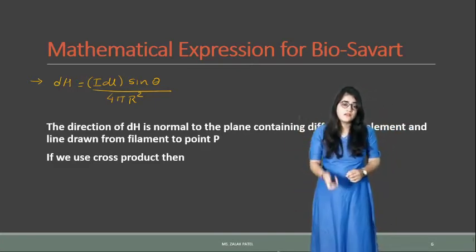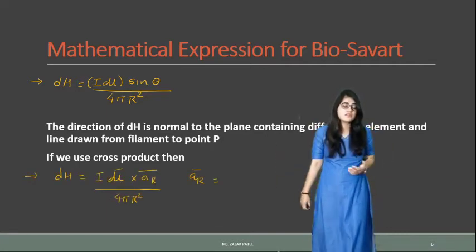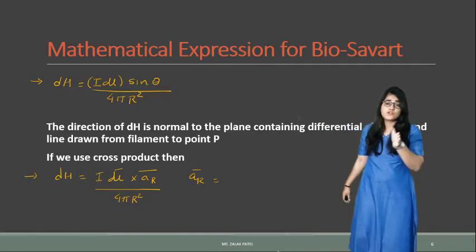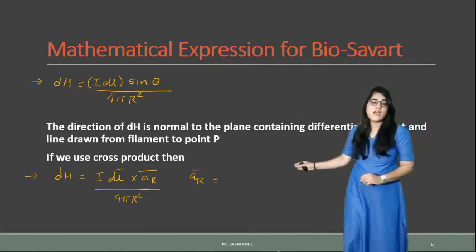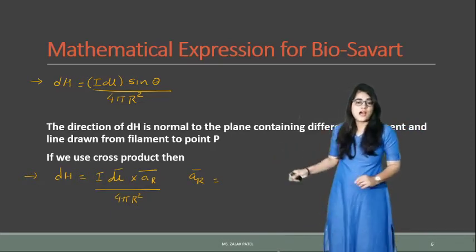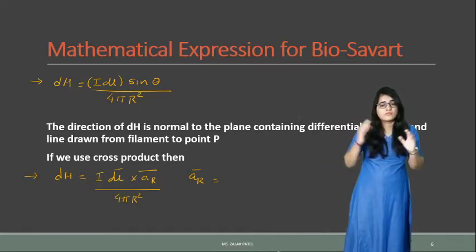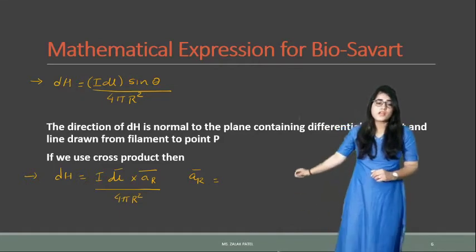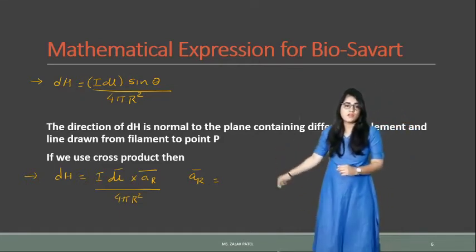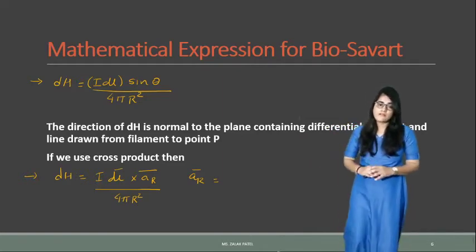So I can say that this differential magnetic field intensity can also be written in terms of the cross product, that is I dl bar cross aR bar, because the angle theta is between the filament and the point P distance, and that distance is nothing but R. So we have to take the unit vector in that direction, meaning aR bar upon 4 pi r square, as it is.